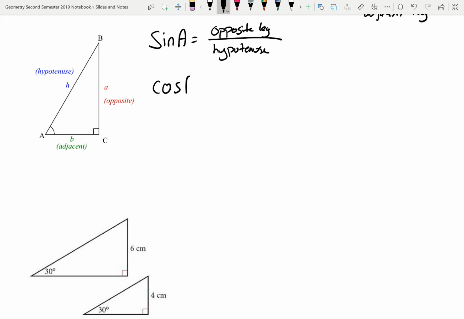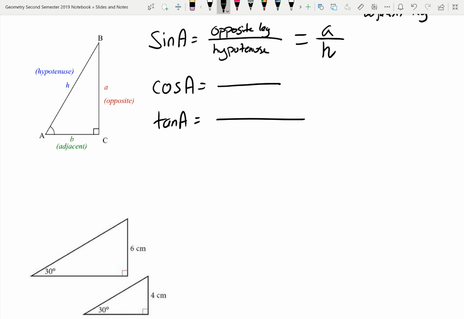Cosine of A, and then we'll do tan of A. All three of these. Looking at this triangle, the sides are labeled opposite, adjacent, hypotenuse in red, green, and blue, and then the sides are labeled A, B, and H. So sine of A is equal to opposite, which is A, over hypotenuse, that is H.